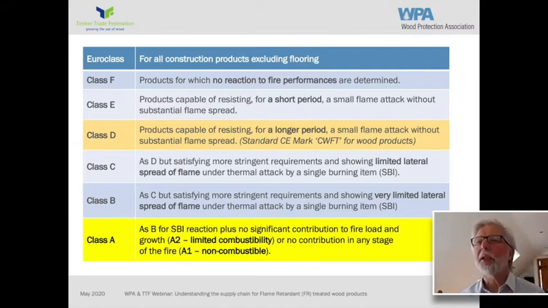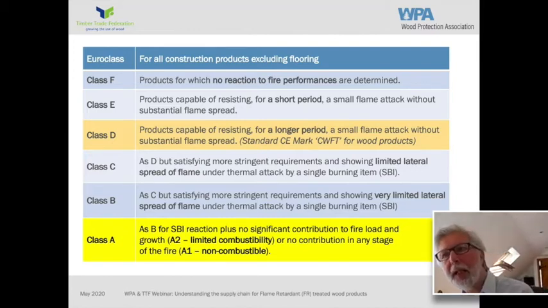But one of the things that's been very topical recently, and again, when we talk about building regulations, you can see the impact it has, is that for certain buildings, particularly high-rise buildings, building regulations are now insisting on Class A. And Class A is either limited or non-combustible.